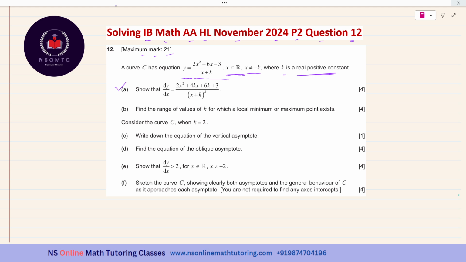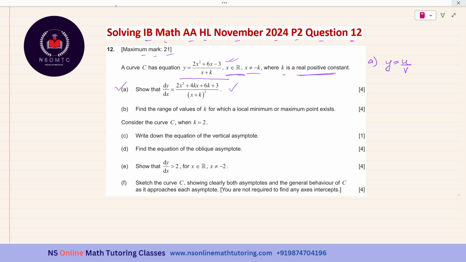Okay, so let us start our answer for subpart A over here. For dy by dx, we have to get this expression. y is in the form of u over v, so we will be using the quotient rule.